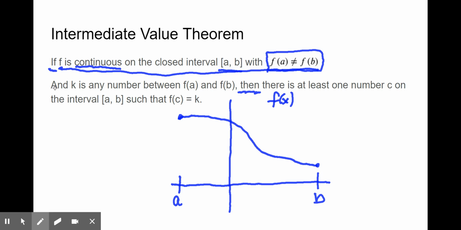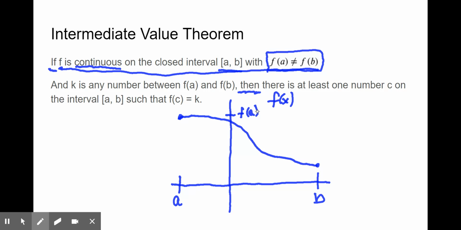Now, let's talk about this. K is any number between f of a and f of b. So the first thing you have to do is decide what k is. K is either an x value or a y value, but it's referring to k as a number between f of a and f of b. So, for example, this must be f of a, right?